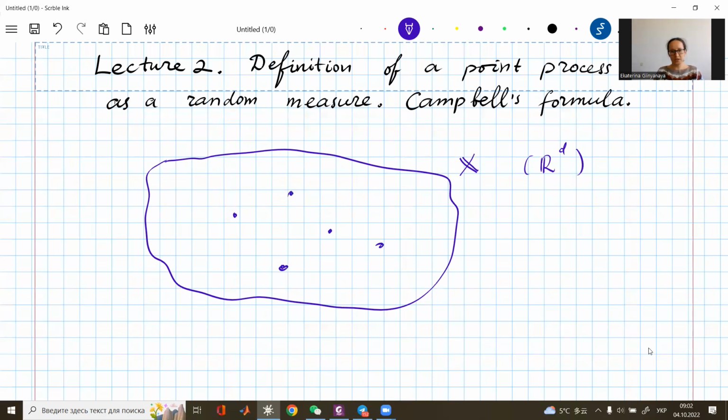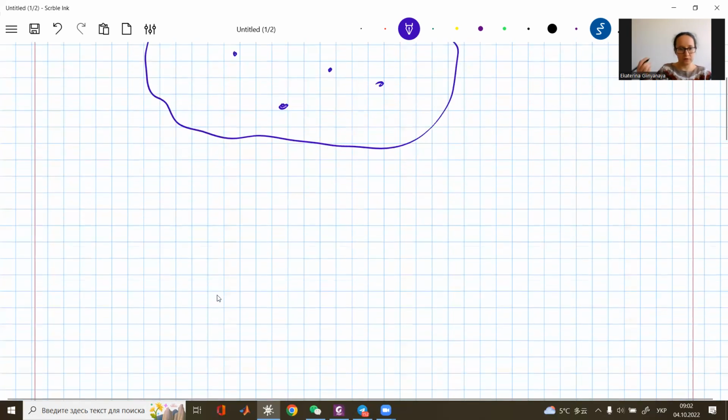So now the question is how we can define it in a mathematical way. Let us recall how we defined a usual random variable. So this is from what we can start. When you study the beginning of probability theory, you consider a random variable.